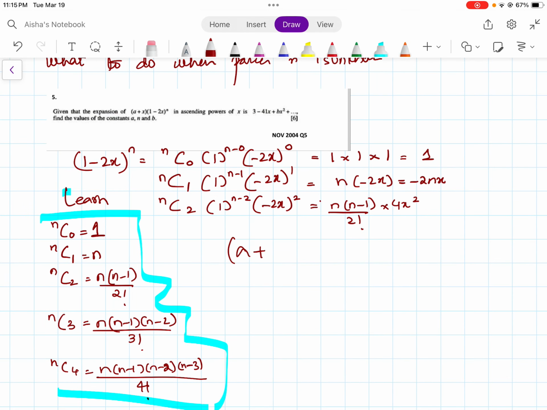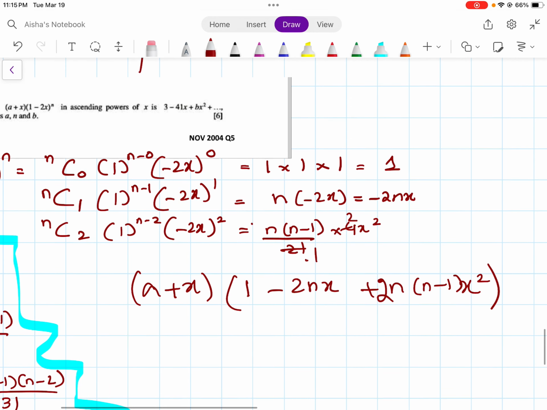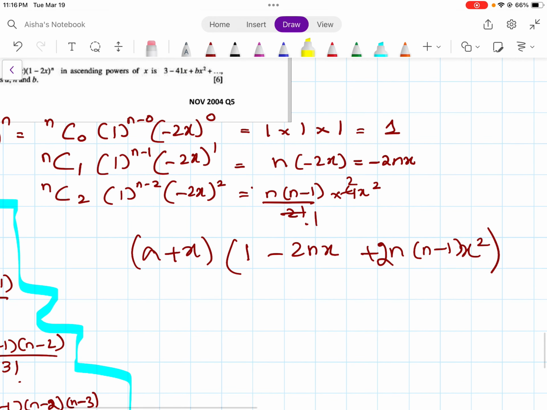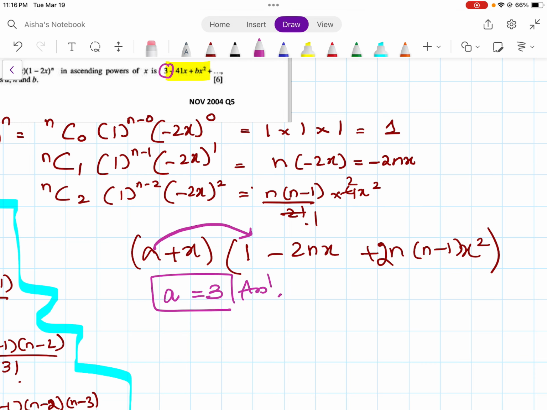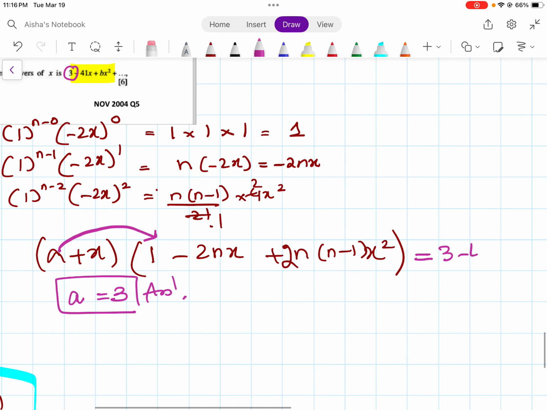Now, (a plus x) multiplied by (1 minus 2nx)... Now you know the expansion of this, until the square coefficient, is this constant a. The constant that I'm getting here is 3. Okay, this expansion equals 3 minus 41x plus bx square.